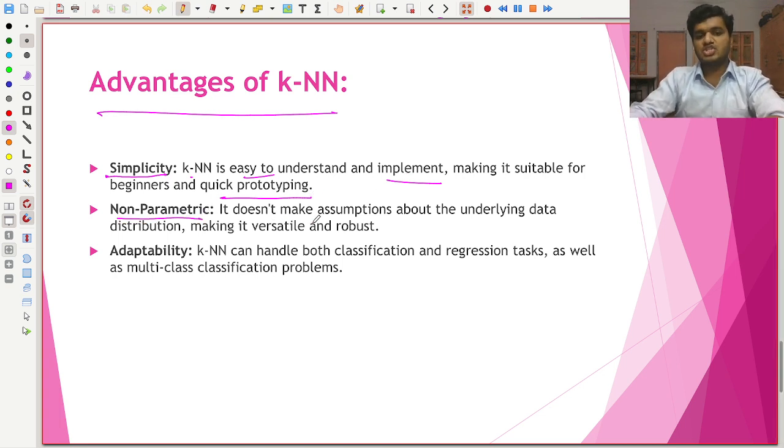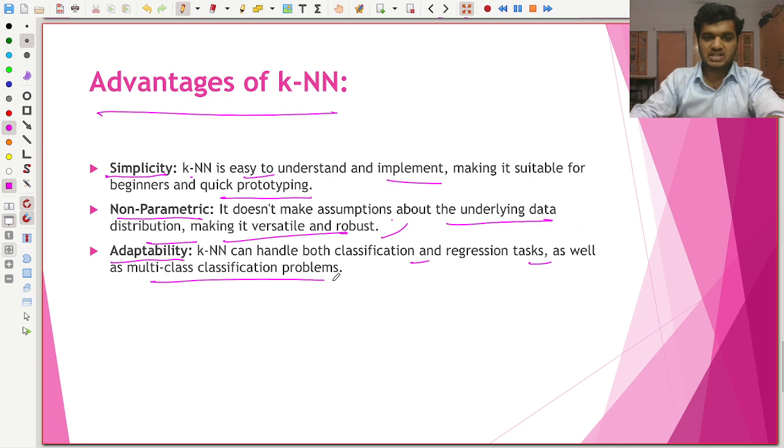That is, it does not make assumptions about the underlying data distribution, making it versatile and robust also. And last one is adaptability. That is, KNN can handle both classification and regression tasks as well as multi-class classification problems.